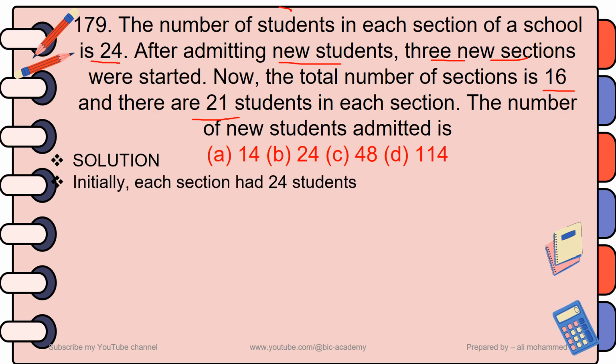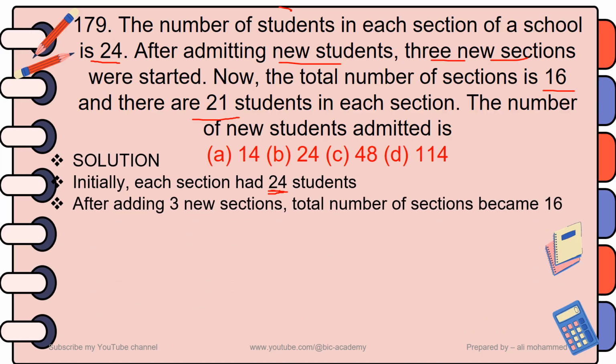Initially, there are 24 students in each section. But now, 3 new sections are added, and the total number of sections becomes how much? 16. That means the new number of sections is 16 after 3 new sections were created because of the admission of new students.